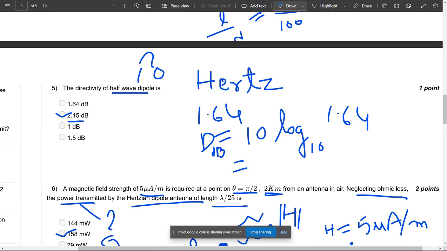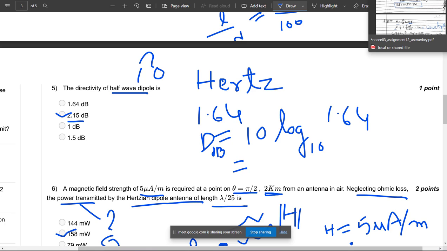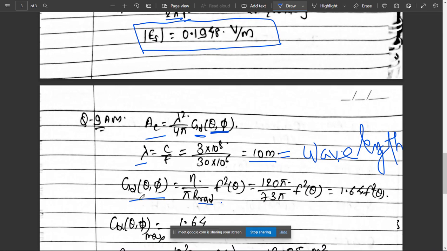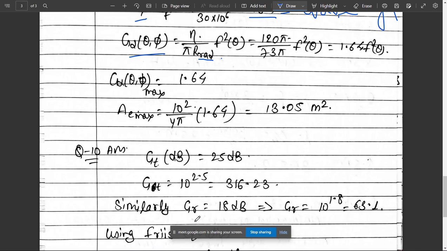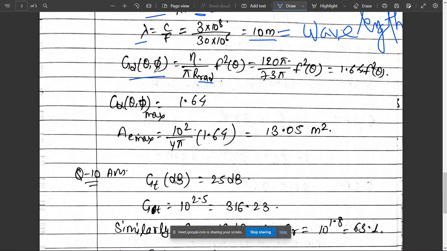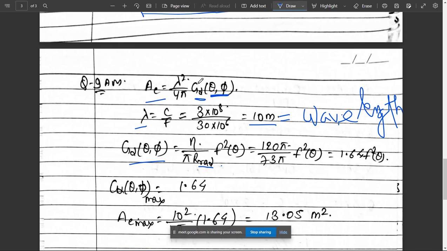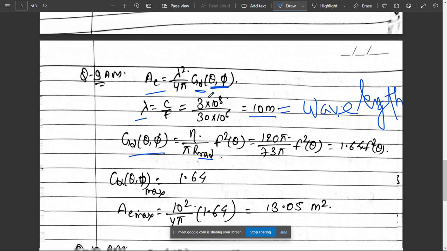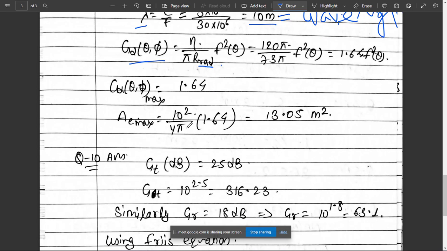Assuming that it has efficiency of 1, we said that the directivity of half wave dipole antenna is equal to the gain of half wave dipole antenna, which is 1.64. Now we'll put all these values in this formula, lambda square upon 4 pi GT. So we got 10 square upon 4 pi into 1.64, which is equal to 13.05 meter square. So this is the effective area.